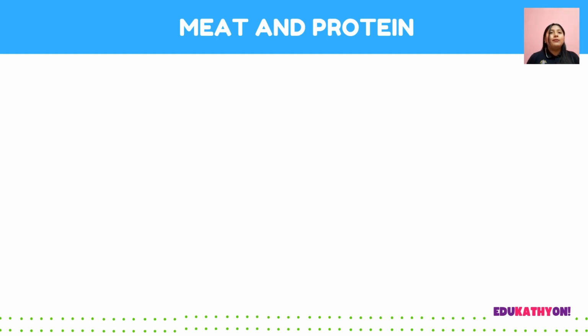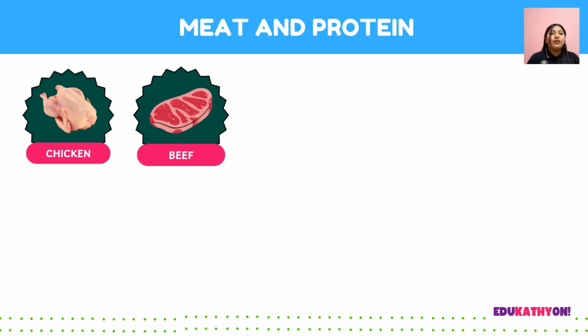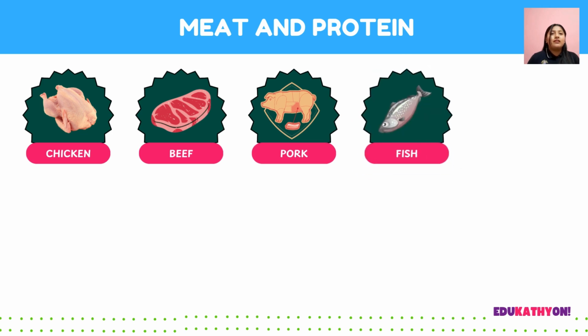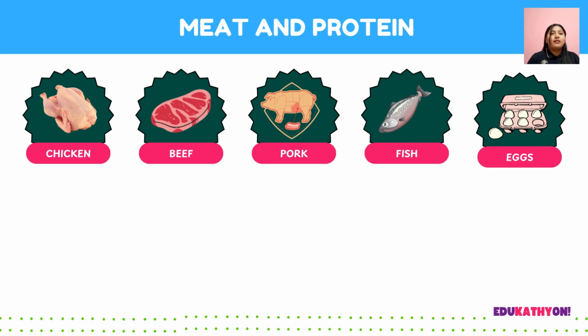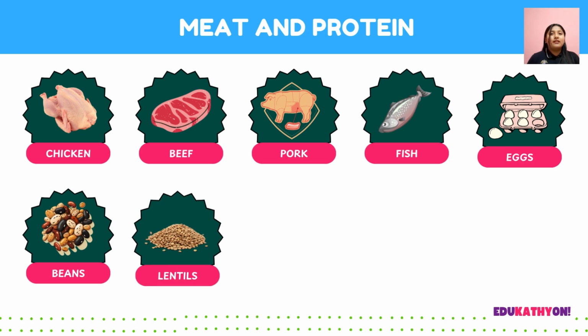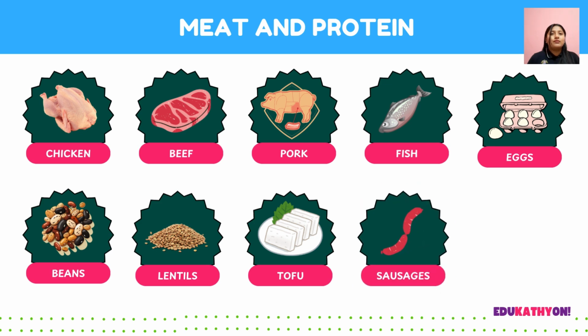Let's continue with meat and protein. We have chicken, beef, pork, fish, eggs, beans, lentils, tofu, sausages.